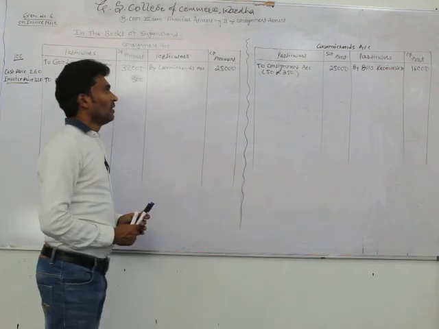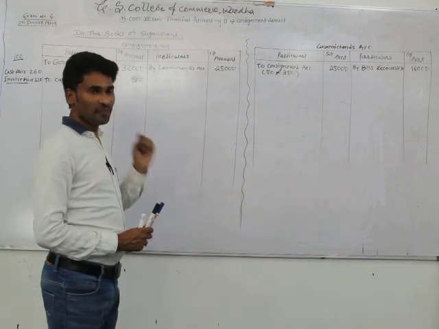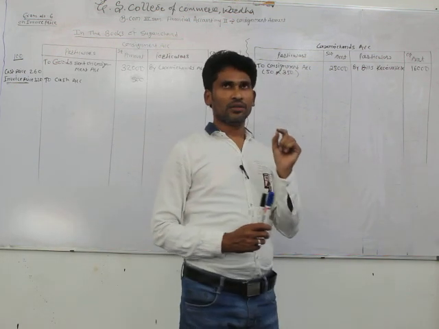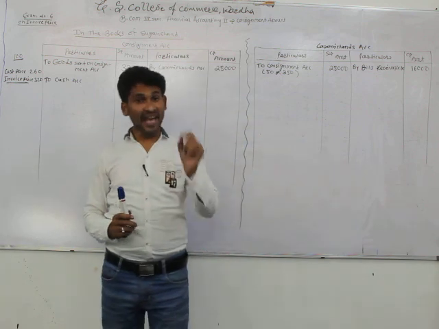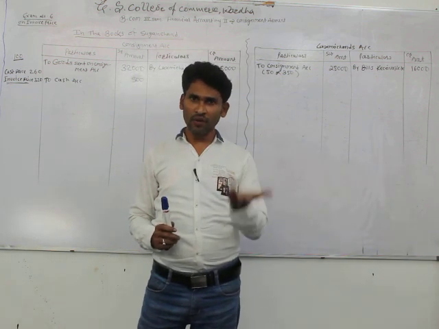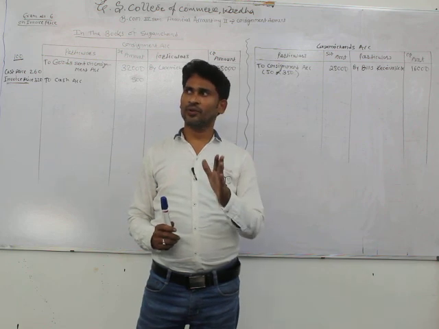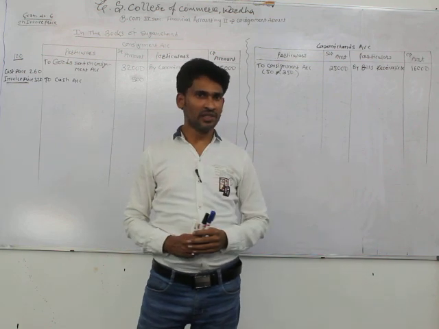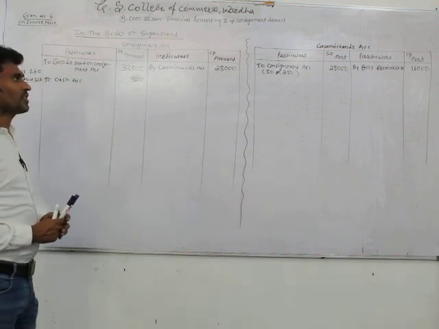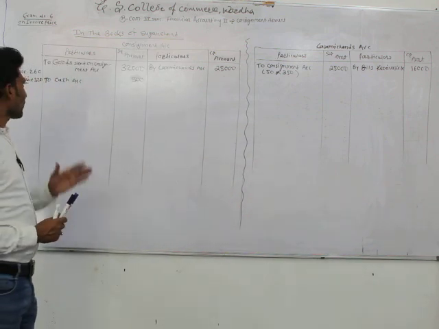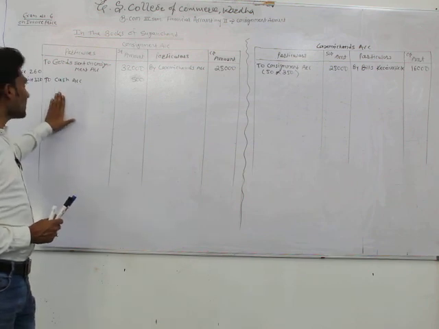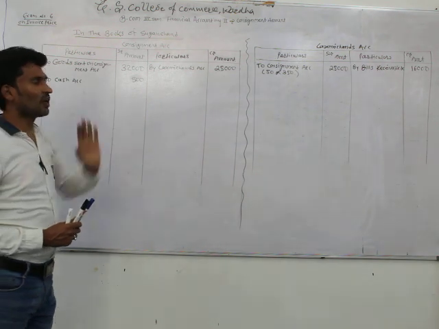Next, Lakshmi Chand spent rupees 1,200 for carriage, rupees 100 for godown rent and rupees 200 for various expenses. For that, Suganchan passed the journal entry: consignment account debit and Lakshmi Chand's account credit.